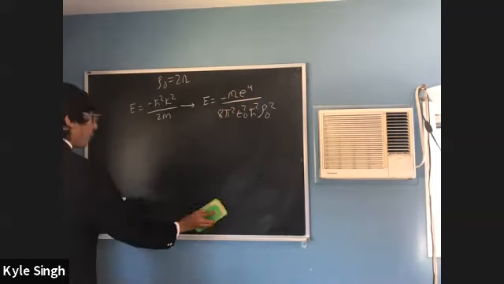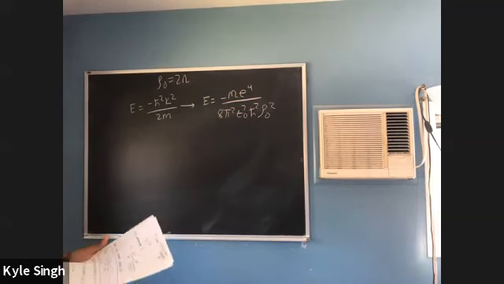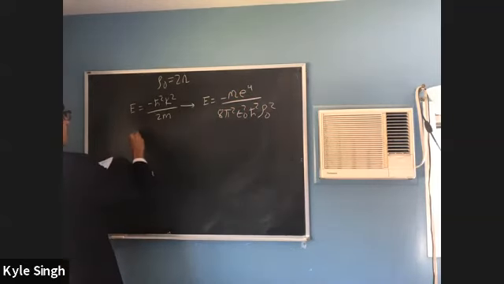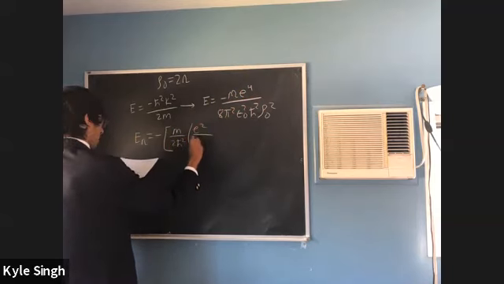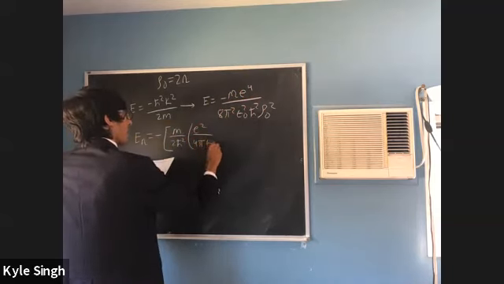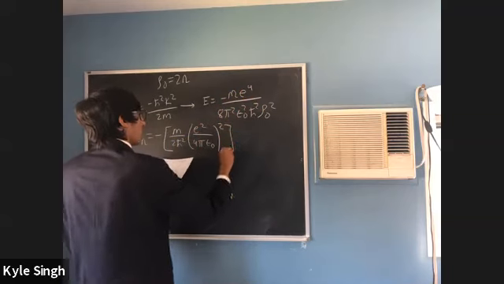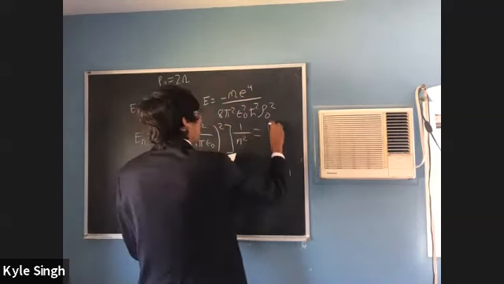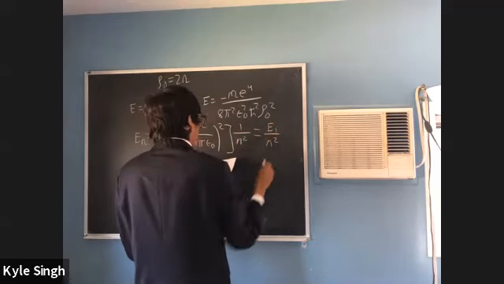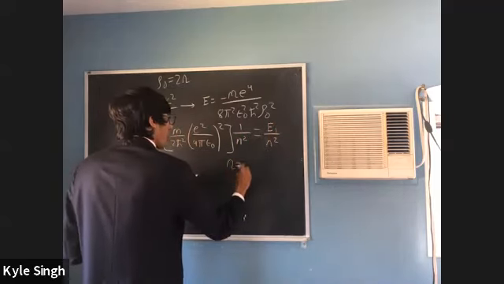Okay, and then if we plug in our thing for the recursion relation, we get that E sub n, our energy eigenstates, equal this: minus m over 2 h bar squared, e squared over 4 pi epsilon naught, squared, times 1 over n squared, equals E1 over n squared and so on, where n is an integer value.